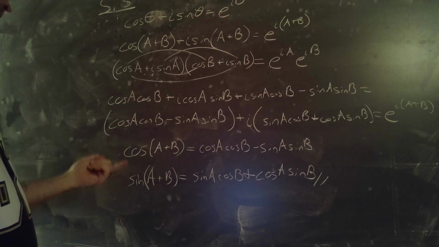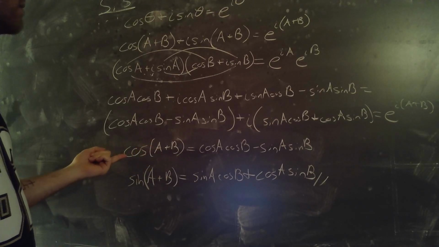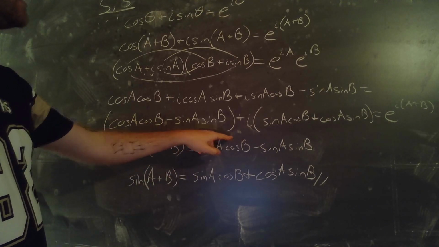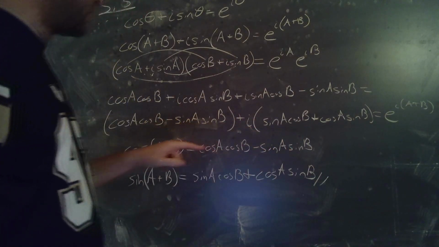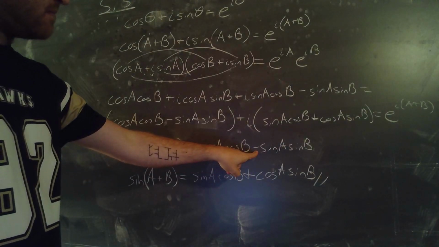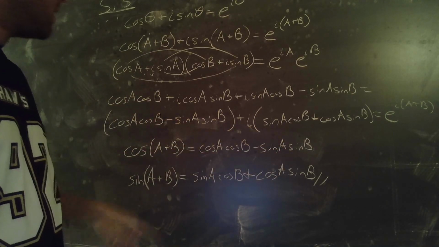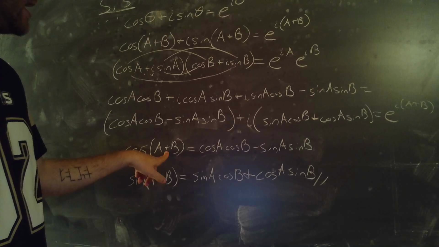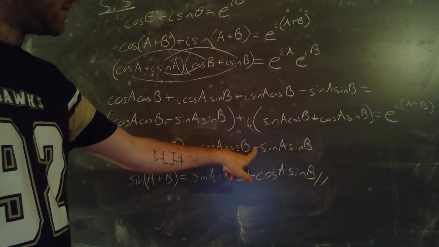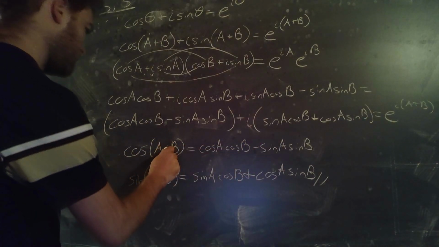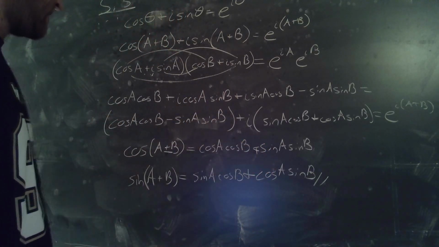But we notice that the cosine of A plus B, when we have a sum or difference involving cosine, then the cosines of A and B are together, and the sines of A and B are together, but that the operator in the middle of those two terms, cosine A cosine B, and sine A sine B, will be the opposite of what we see in the argument. So if this is a plus, that's a minus, and if that's a minus, that's a plus.